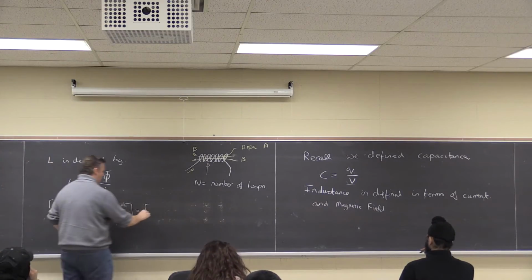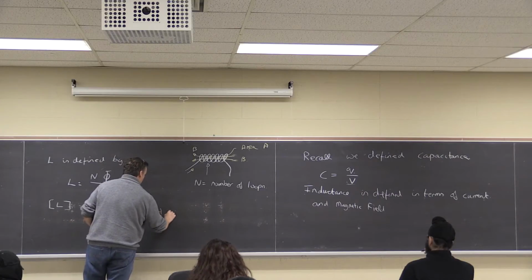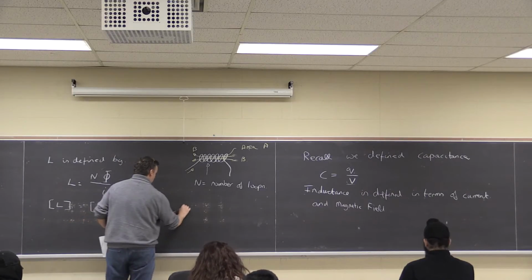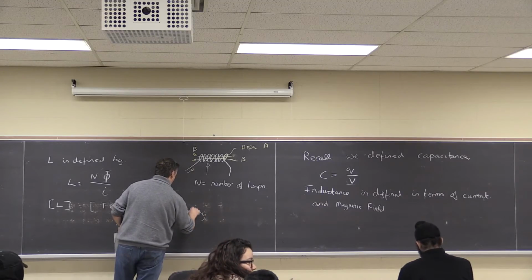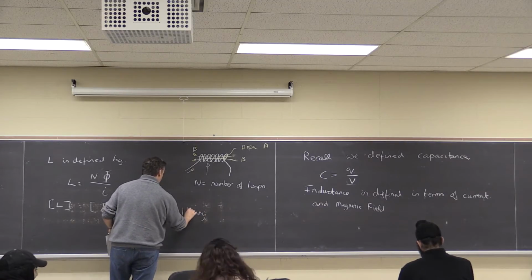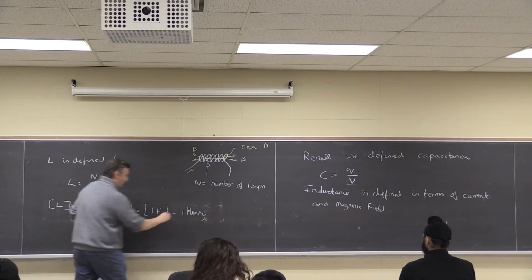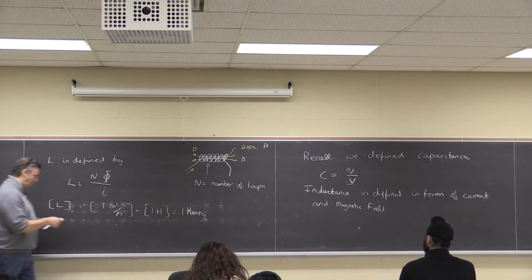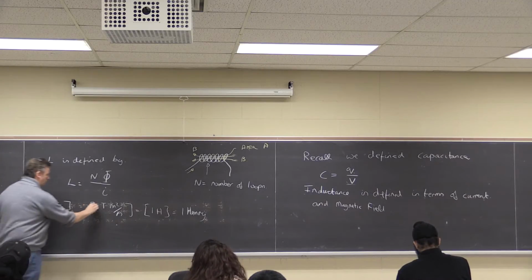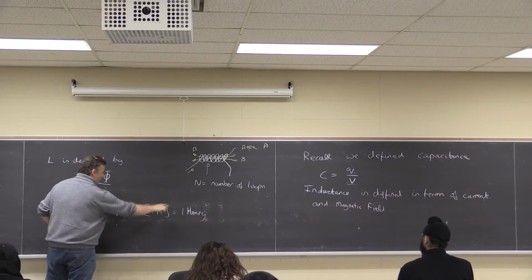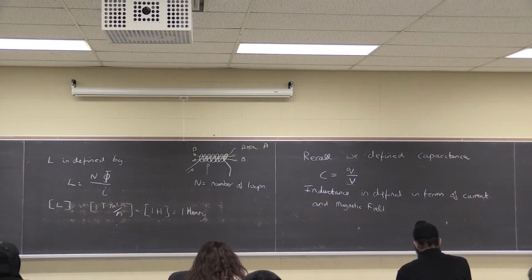So 1 Henry, or 1 H, equals 1 Tesla meter squared per amp. So a measurement of the flux through the solenoid.